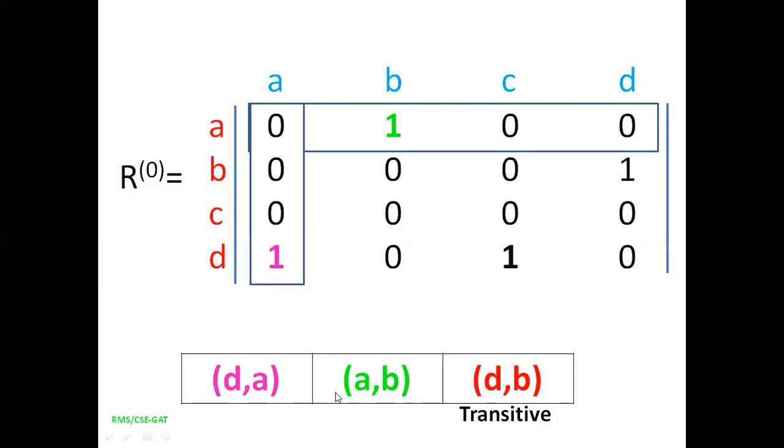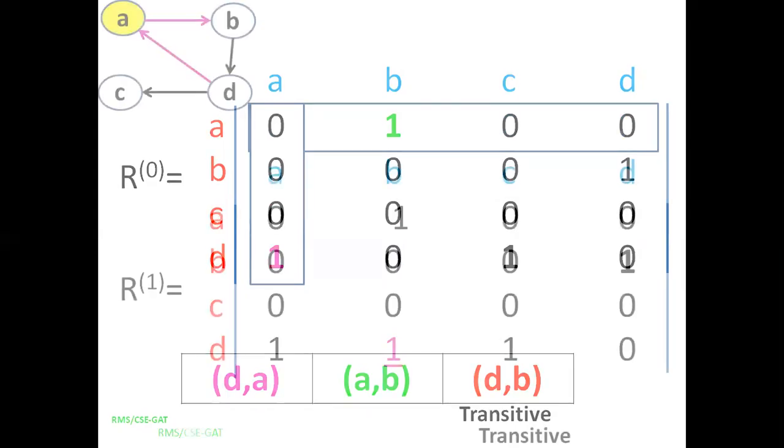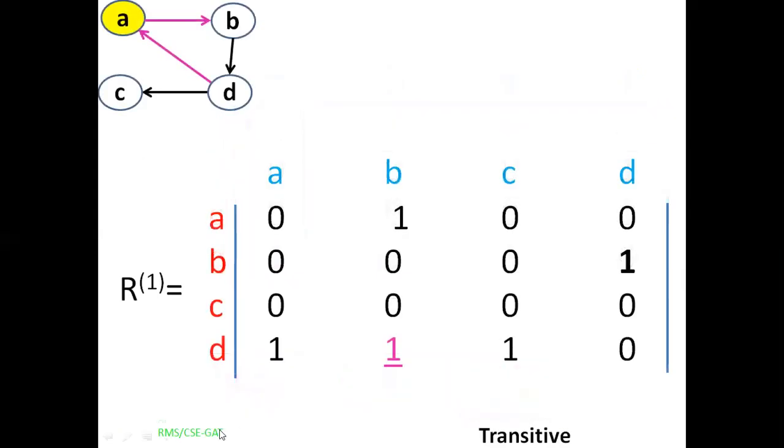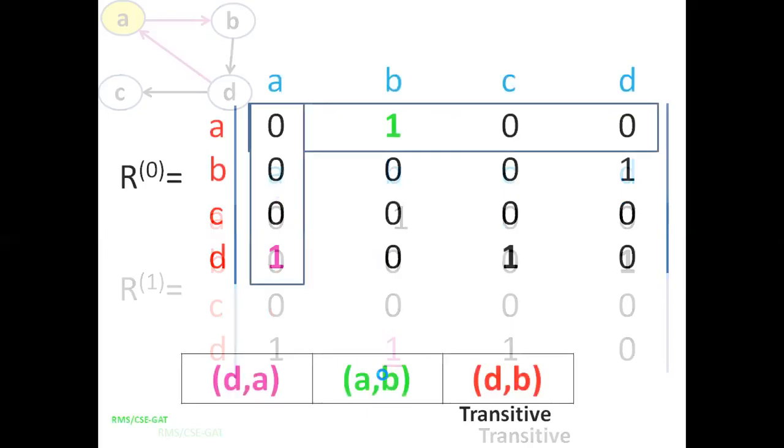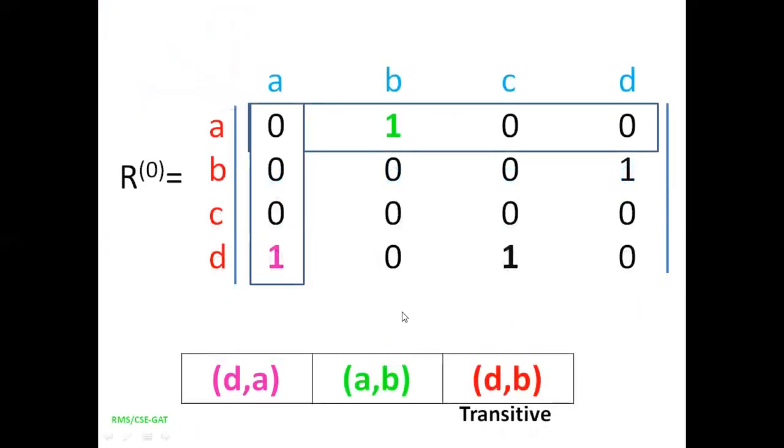So D to A to B forms a transitive edge D to B. So now in R^1, I got a new value. I got a new 1 at position D,B. See here at D,B, I got 1. In the previous matrix, I had D,B as 0.